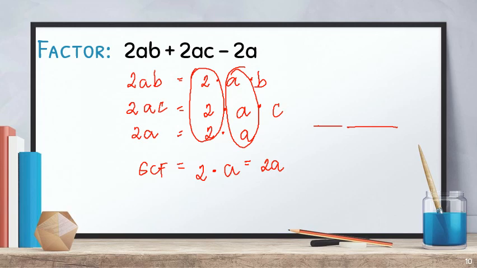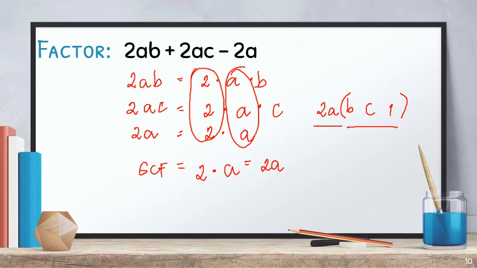For the first factor, we will write the GCF that we got a while ago. So we have 2a, meaning we already have our first factor. For its cofactor, we will just write the remaining factors, which are b for 2ab, c for 2ac, and for 2a we have 1.